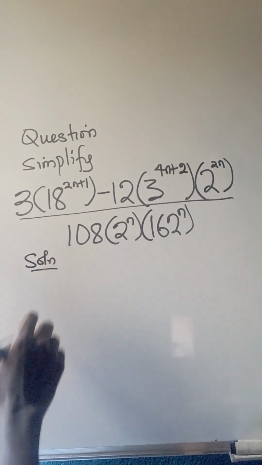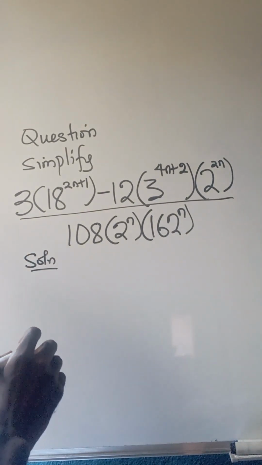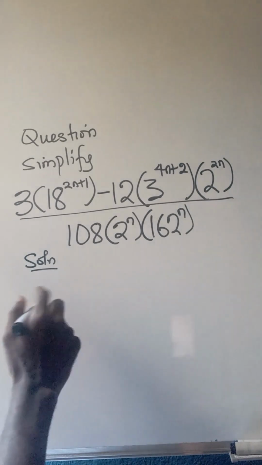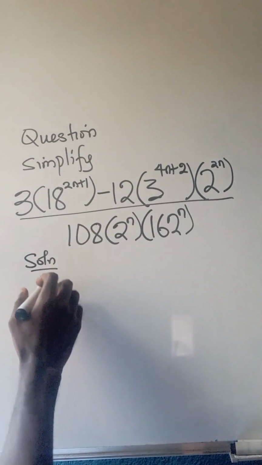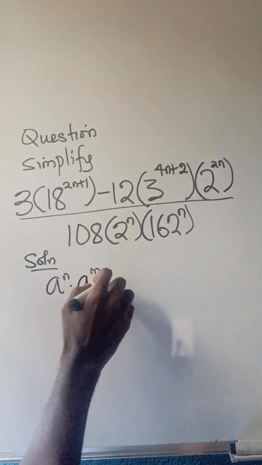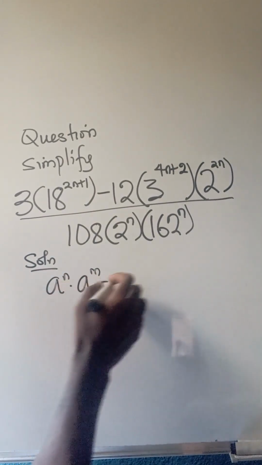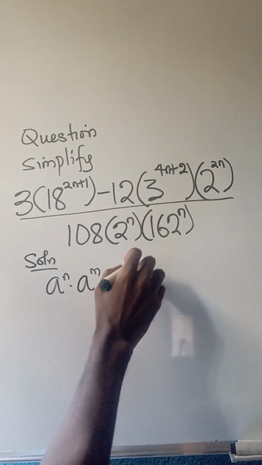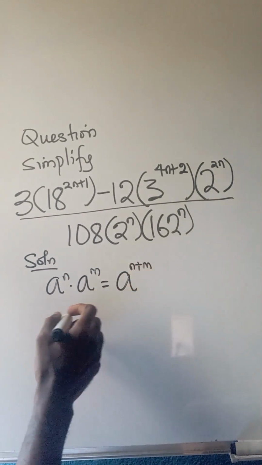So for our solution, the first thing is we want to know the laws we can apply here. We have the multiplication law of indices, where you have to add the powers.